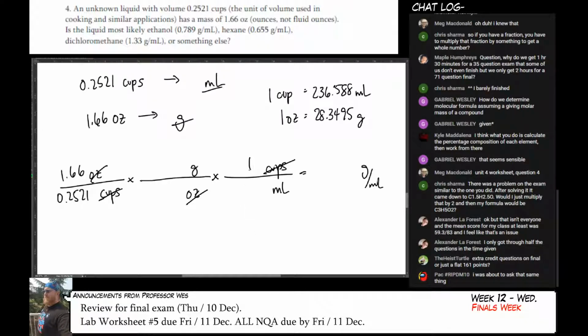In 1 cup, there are this many milliliters, and in 1 ounce, there are this many grams. All right. And when I punch all those numbers in my calculator, I get 0.789.